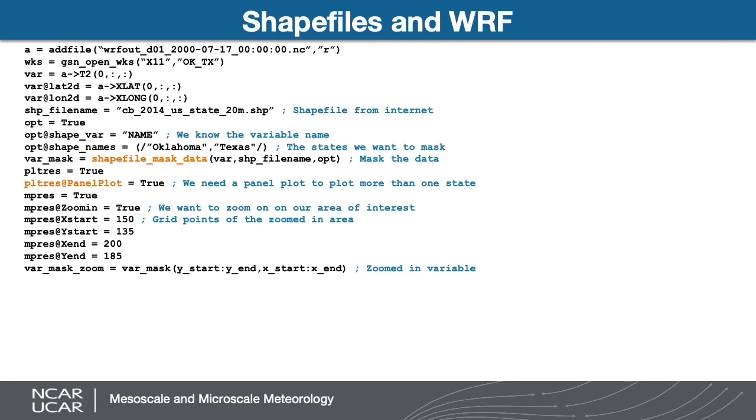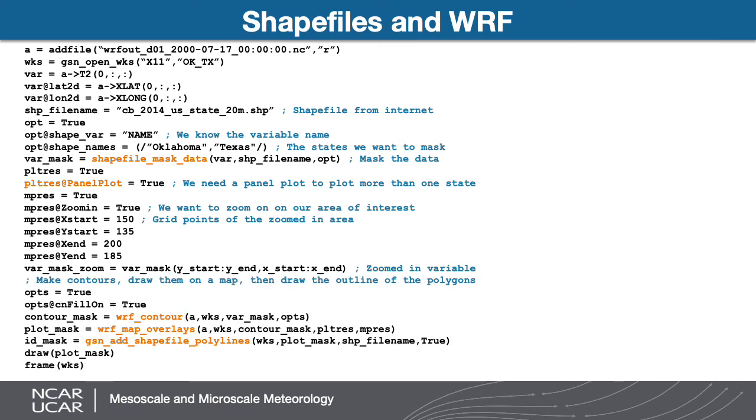Now I'm going to create a new variable called var_mask_zoom, and I'm going to read var_mask between those y start, y end and x start, x end points. Next, I'm going to make contours, draw them on a map, and then draw the outline of the polygons.